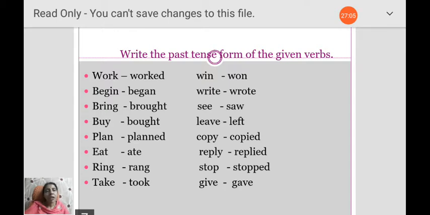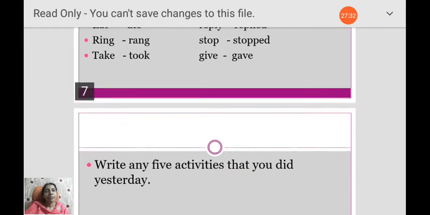Okay, I hope you have done very well, because we come across these words many times in our lessons and in our earlier study, but we don't know technically that this is called the past form, this is V2. Some students may know, but some may not. Okay, so now let us proceed further.